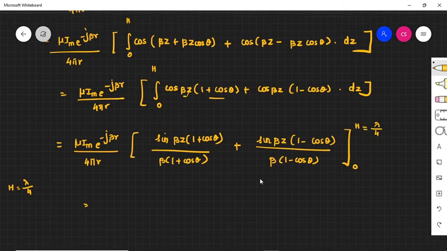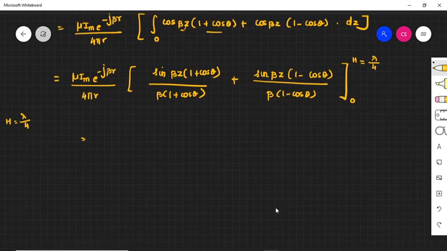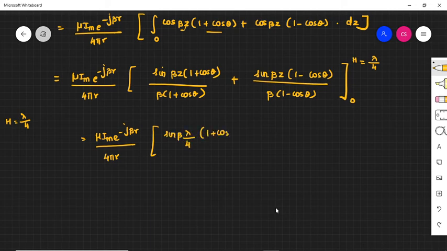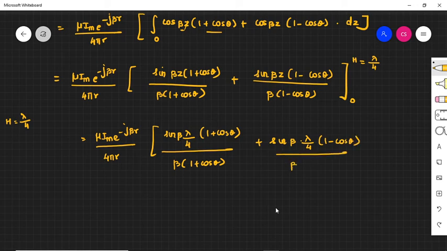So, this will become mu im into e power minus j beta r divided by 4 pi r sin beta into lambda by 4 by beta into 1 plus cos theta, plus sin beta into lambda by 4 by beta into 1 minus cos theta.